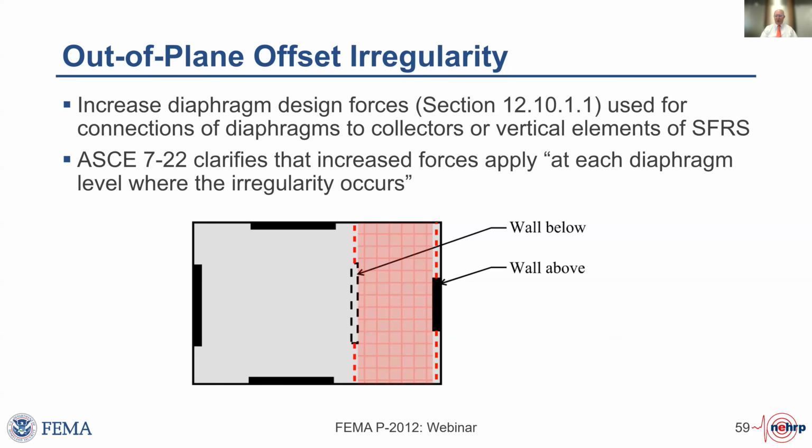The ASCE 7-22 clarifies this requirement because in the prior editions, if you found this condition at one story of a 20-story building, you would have amplified all of the diaphragm forces at every level. And of course, that doesn't address the problem at hand. So ASCE 7-22 clarifies the scope that it's where the irregularity occurs, the diaphragm forces have to be amplified.